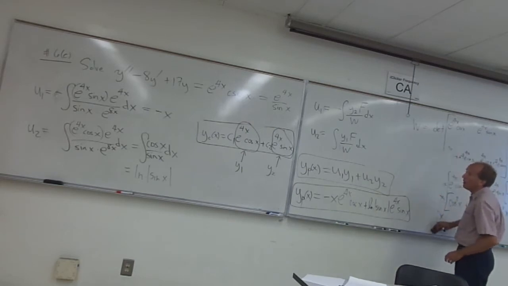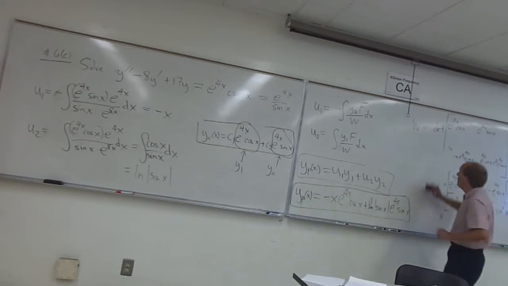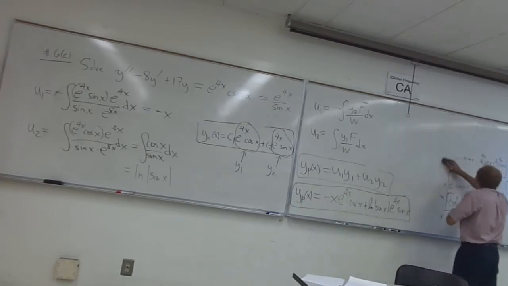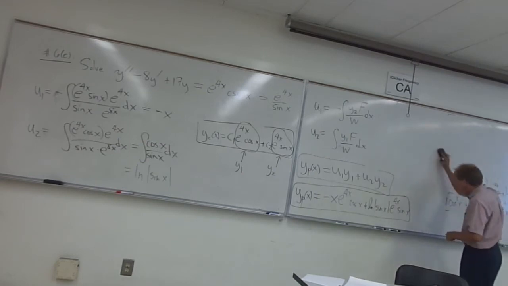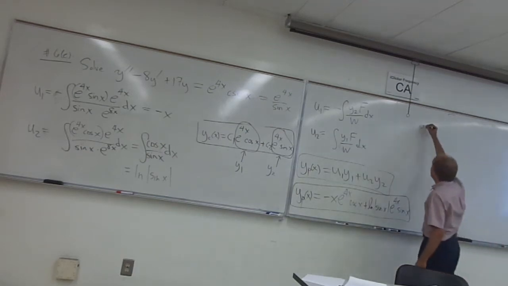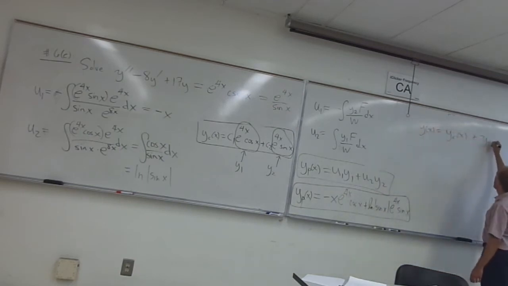And now, my final answer would be what? Y of x equals y sub c plus y sub p. Right. And instead of wasting time writing the whole thing out, because it will typically be pretty long, you can just say that you're adding the complementary and the particular solutions, which you calculated above.